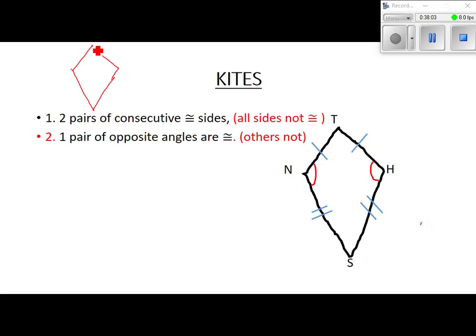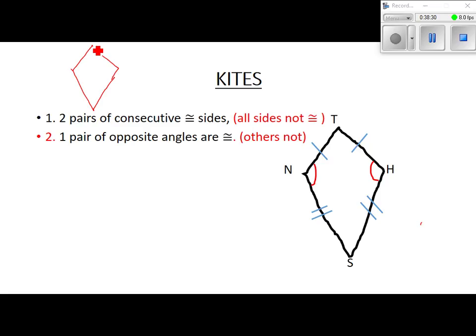Can we get rid of any of our numbers here? One pair of opposite angles are congruent. Off a trapezoid? Maybe. Yeah, we only need one pair. Now, are opposite angles congruent in a trapezoid? That really doesn't have anything to do with the trapezoid, does it?